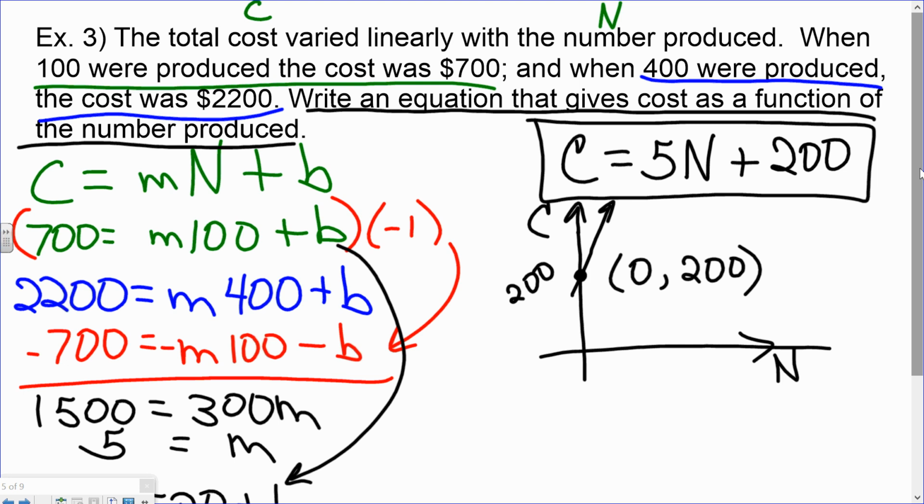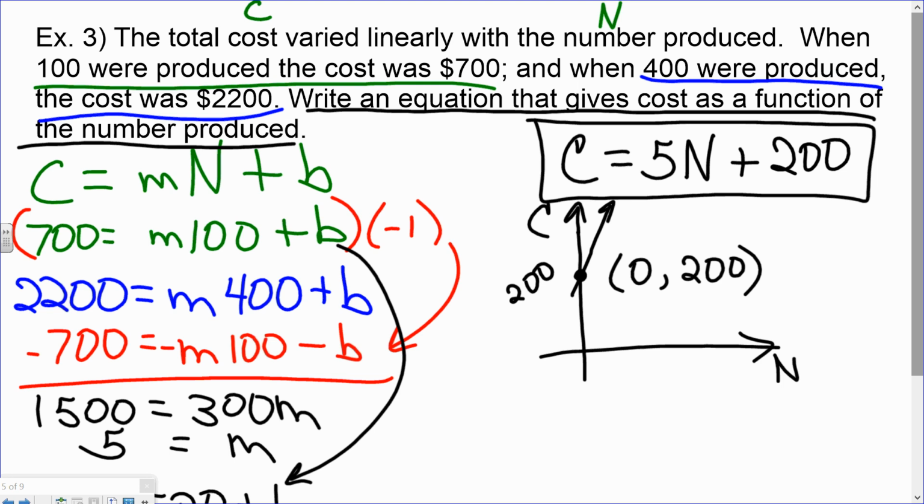Make sense out of that point for me in the context of this problem. So 0, that's this variable over here. That's n's. That's the number produced. So if I don't make any, the cost is 200. I'm right here making none, and the cost is 200. When I make 1, it's more than that, and so on.